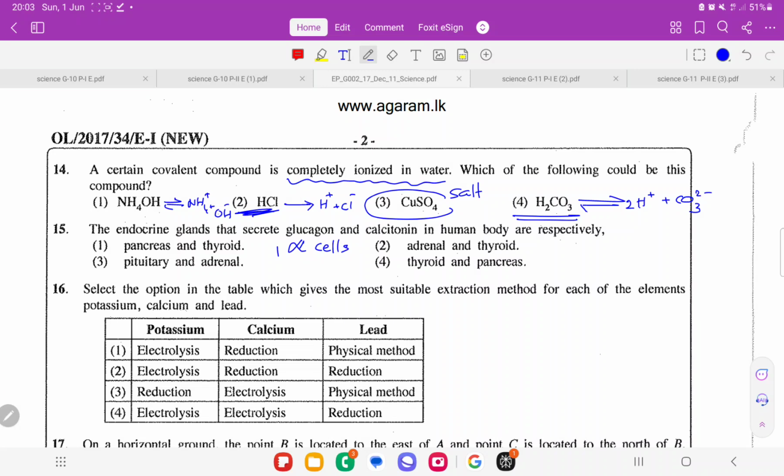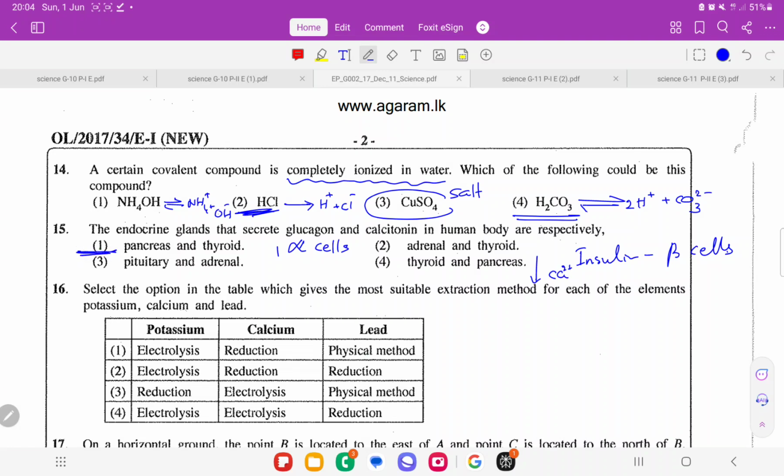What is the other hormone the pancreas produces? Insulin, right? Insulin is produced by beta cells of the pancreas. Pancreas is the answer. Calcitonin is produced by the thyroid gland, right? Calcitonin is mainly involved in decreasing the blood calcium level, Ca2+ levels in the blood. So the answer is pancreas and thyroid.